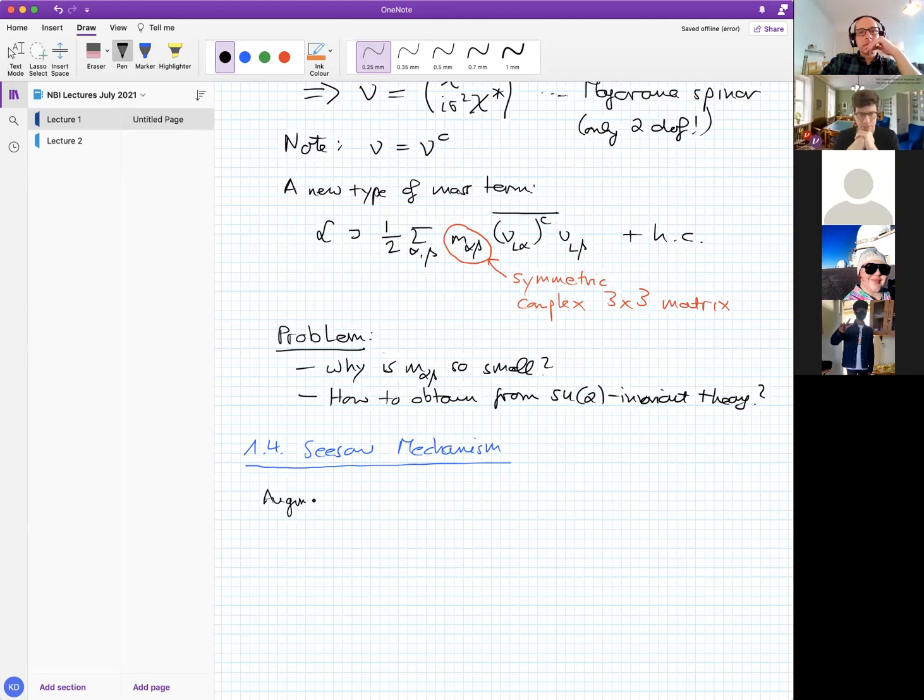So augment the standard model with 3 right-handed neutrino fields. In the context of the Seesaw mechanism, they are called N_R rather than nu_R, but their basic property is that they are singlet under the standard model gauge group. So they are singlet under all 3 factors of the standard model gauge group.